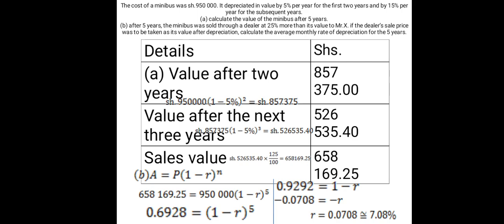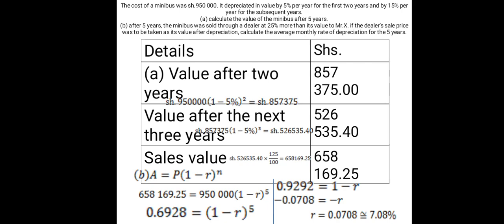The cost of a minibus was 950,000 shillings. It depreciated in value by 5% per year for the first 2 years and by 15% per year for the subsequent years. A. Calculate the value of the minibus after 5 years.